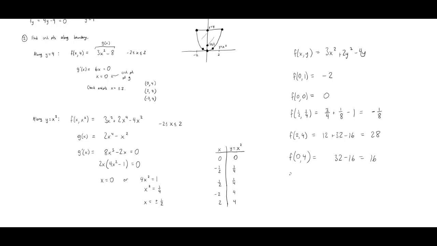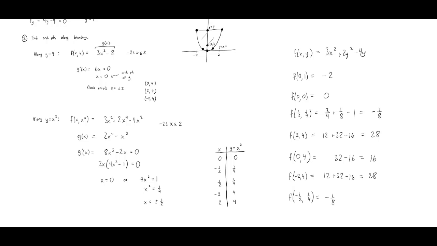If we go to the next point, which is the negative 2, 4, I think you'll get 28 again. All right, and then I think there's 1 more point here, this one. That was when x is negative 1/2 and y is 1/4. And I think you'll get the same as this one up here, so you should get negative 1/8.